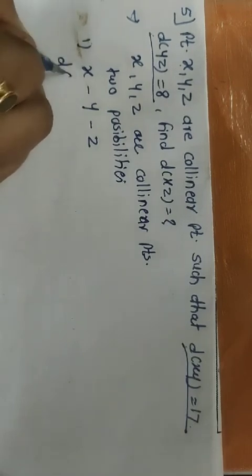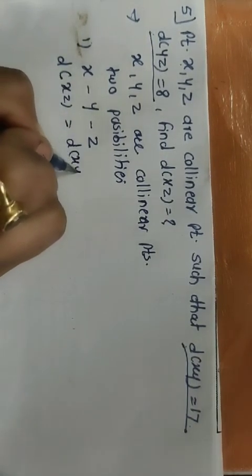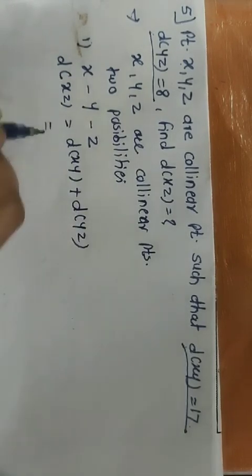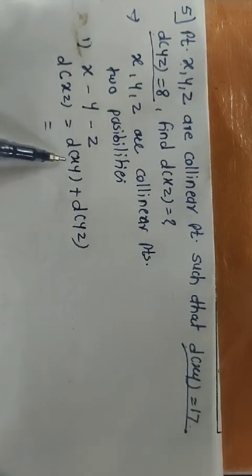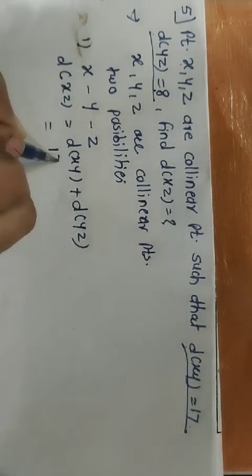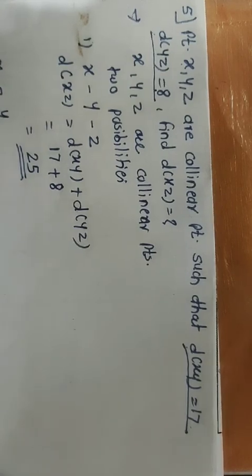Then we get the relation: distance XZ is equal to distance XY plus distance YZ. Put the values in the given relation. XY is equal to 17, YZ is equal to 8. So 17 plus 8 is equal to how much? It is 25.